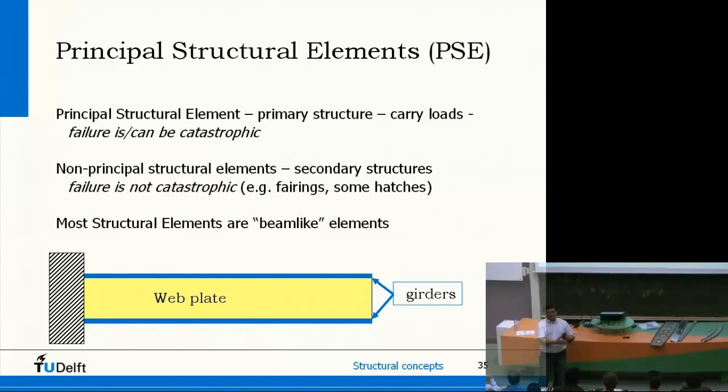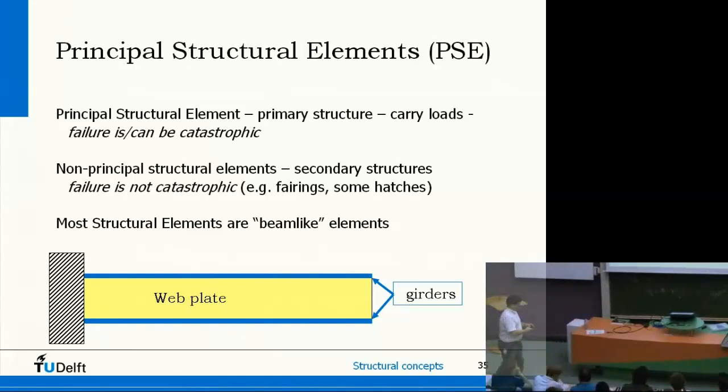The facings take up the normal forces, the in-plane forces, the bending moments, and the honeycomb, which is in between, takes up the vertical forces. So all these elements, and most of these elements you can find a lot in aircraft, are actually beams, beam-like elements. Okay.